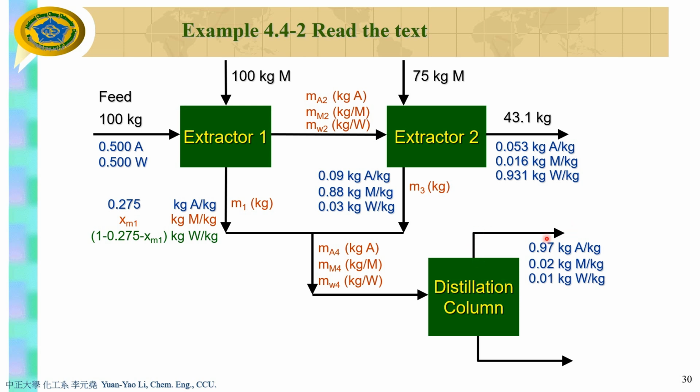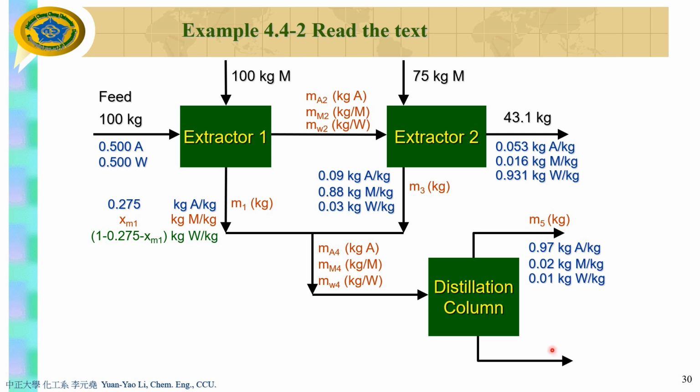And you have the last 2 streams left here. One is the top stream, which is the product of the acetone, right? And the bottom stream, which is the product of MIBK. On the top stream, what you don't have information on is the total amount, so you just write down M sub 5.